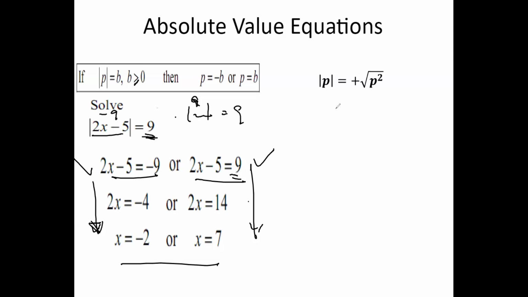I think you're stuck at quadratics. No, sir, it's if P equals B, B is more than or equal to 0. No, this is just saying the number outside here has to be a positive number. Sorry, it has to be either 0 or positive.